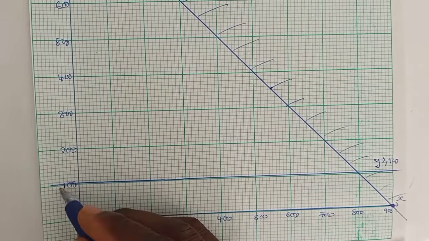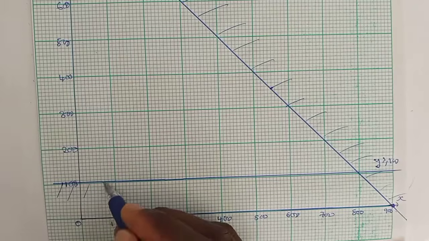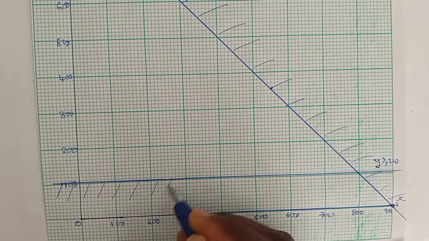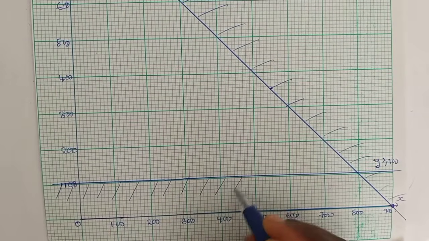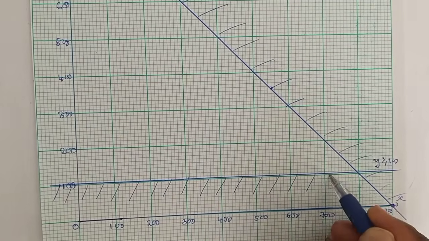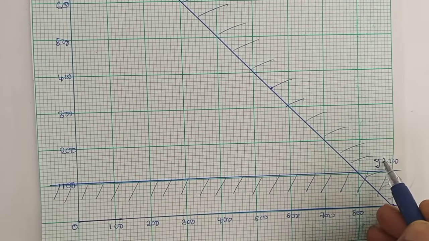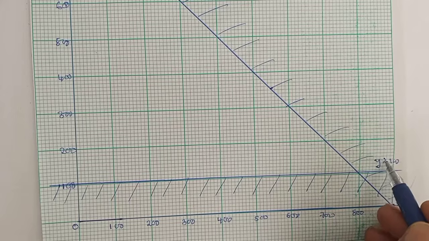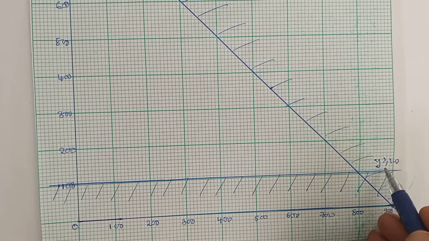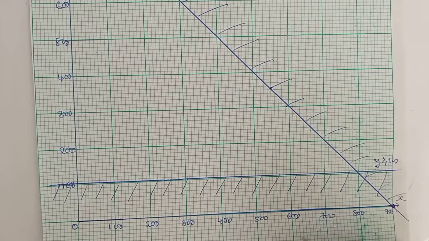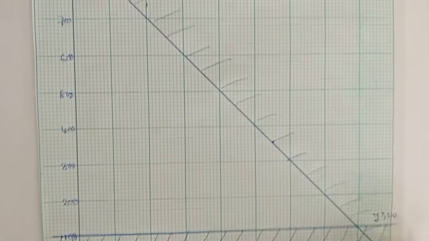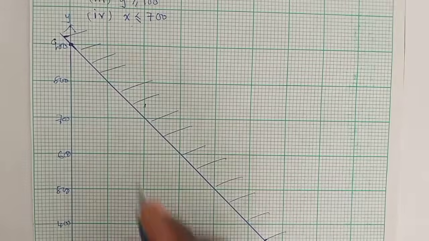So this is less, and we shade the opposite, which is the less. In other words, when shading, we shade what has not been said. In the question, they are saying greater, so the less has not been said in the inequality. So you shade the less. That's what we shade.